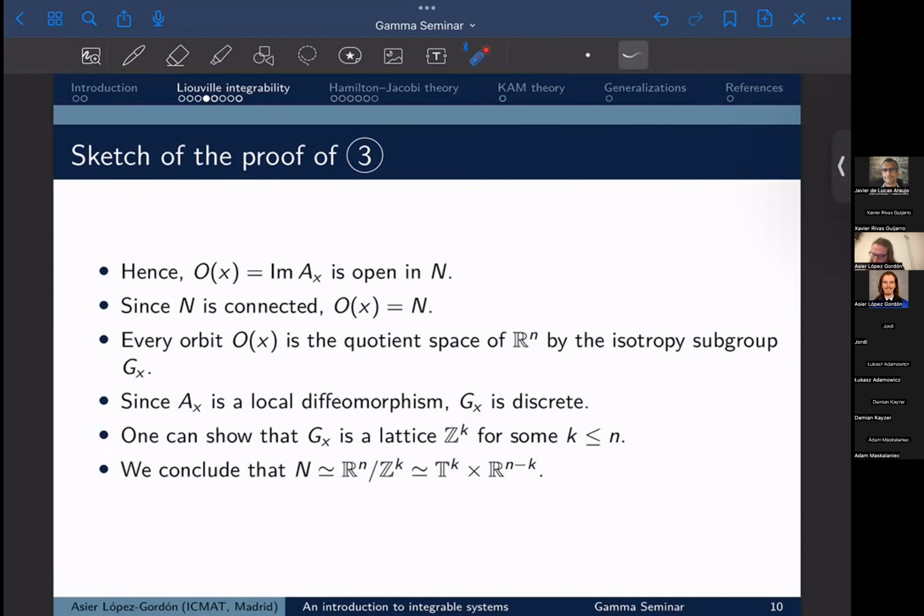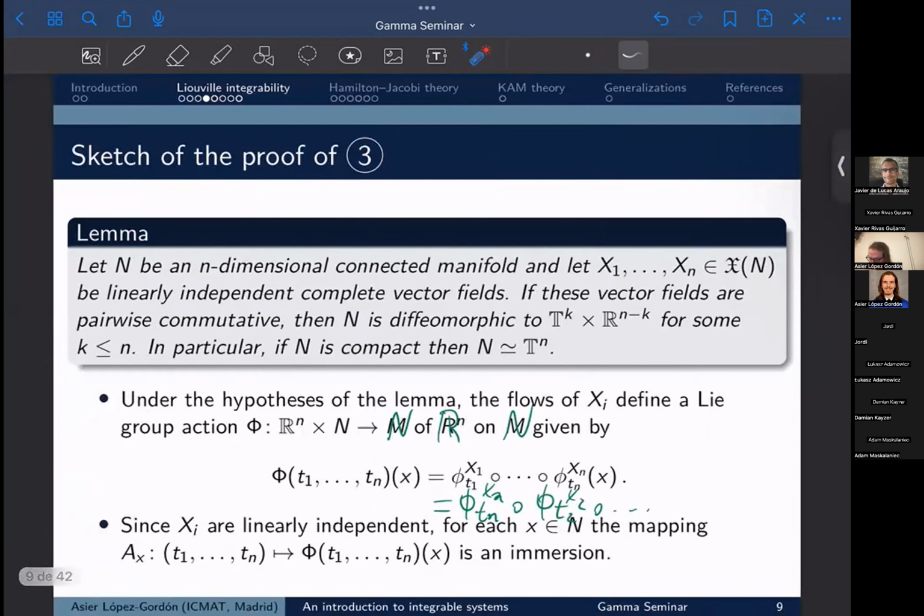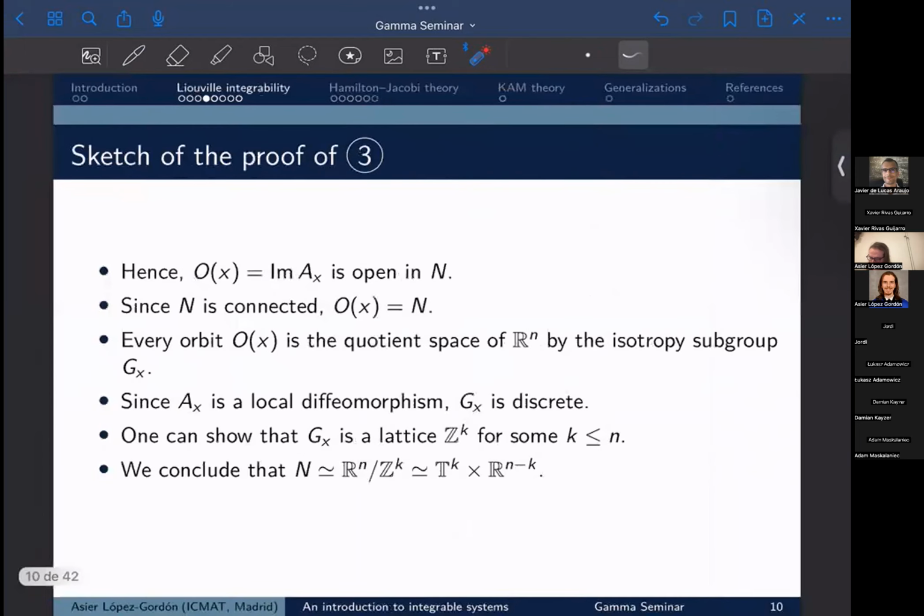Hence, the image of this map, which is called the orbit of the action, is an open set in N. But since N is connected, this orbit must be the whole manifold. Because if it were not the whole manifold, since it is open, then we would have two connected components, which would be a contradiction.